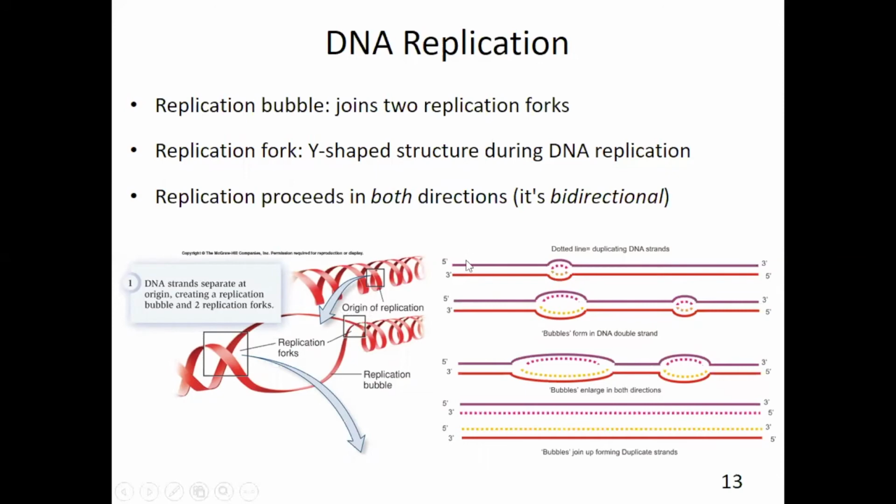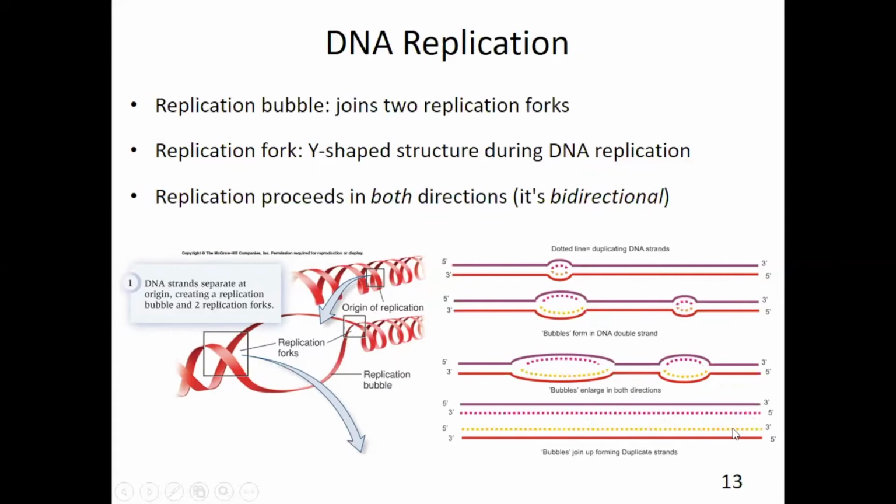So rather than start at one end or the other end or somewhere in the middle, we actually will have several origins of replication occurring on any given chromosome. And those origins of replication then move towards one another until we have completed the replication process.